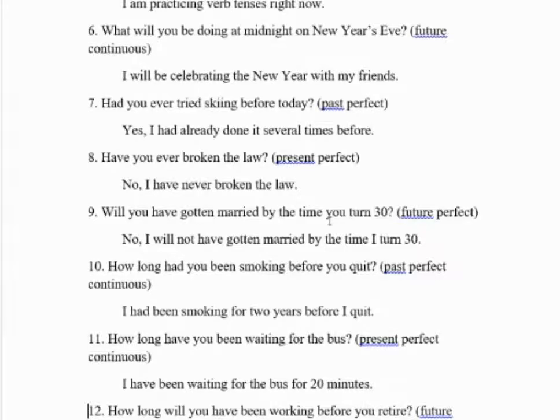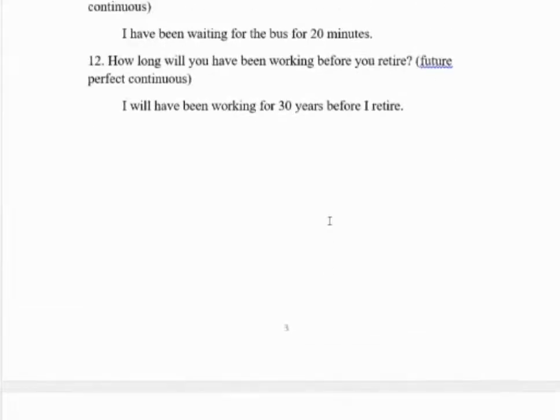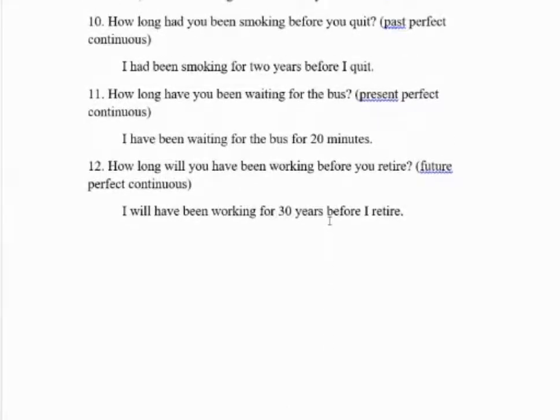Number 10. How long had you been smoking before you quit? Past perfect continuous. We are using past perfect continuous in the answer. The answer, I had been smoking for 2 years before I quit.